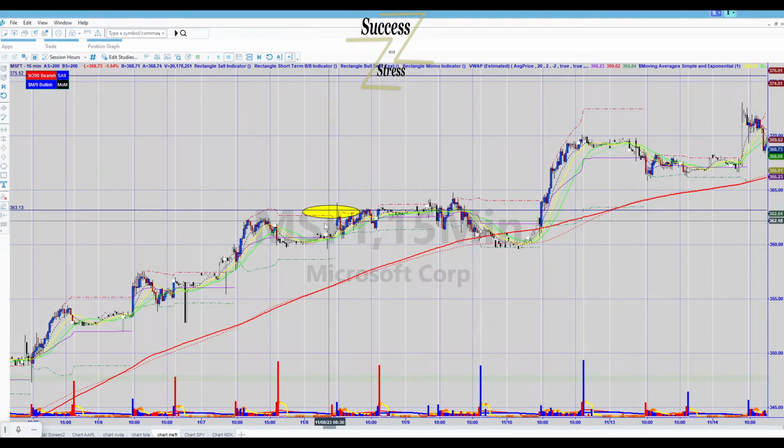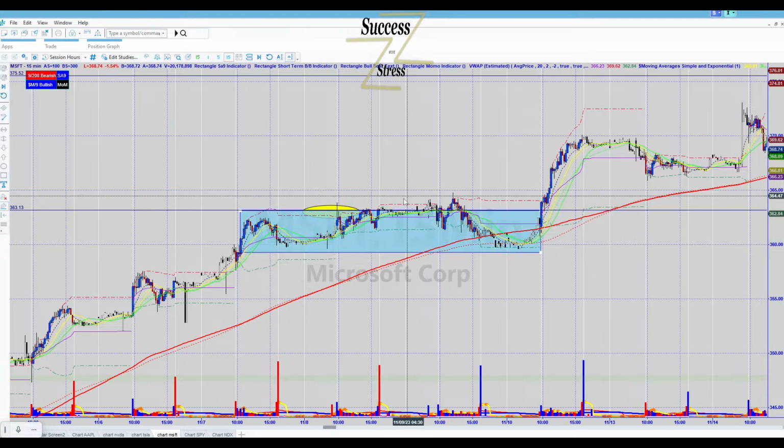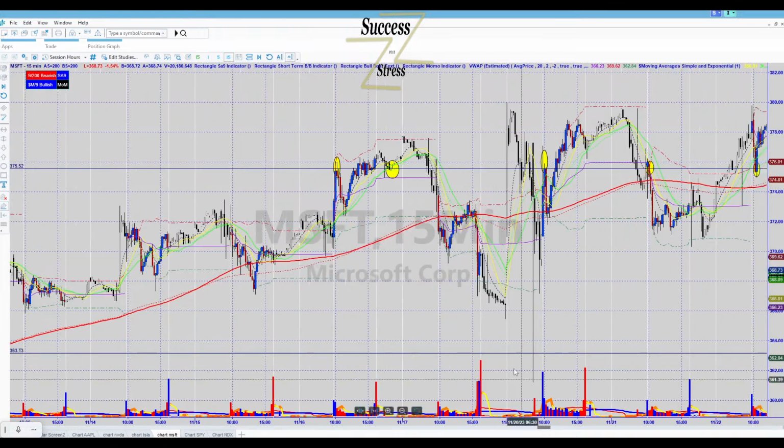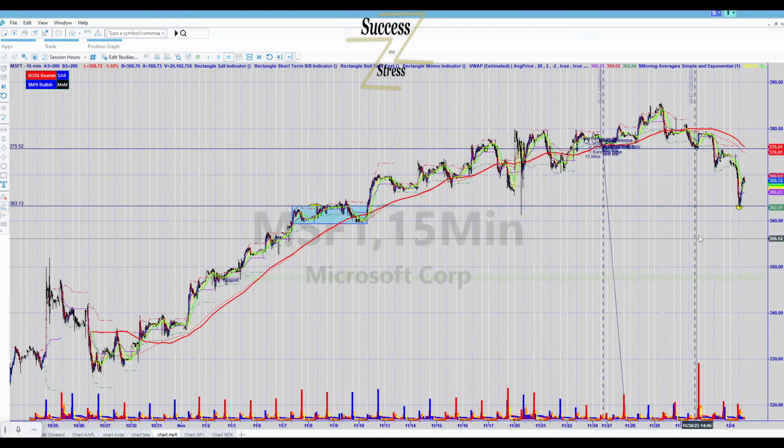So at least this is a consolidation area where it was once resistance, and now it's at least turning support for a short period of time. I don't know. I mean, it looks decent though. Depending on how far it moves up, if it comes back, this wick here could come back into play.